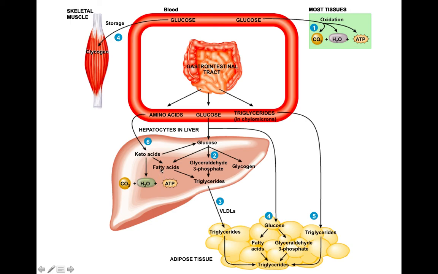It can go into the creation of fatty acids and then be stored as triglycerides. So in addition to glucose being converted to lipids into triglycerides, you can also convert amino acids into triglycerides for long-term storage in adipose tissue.